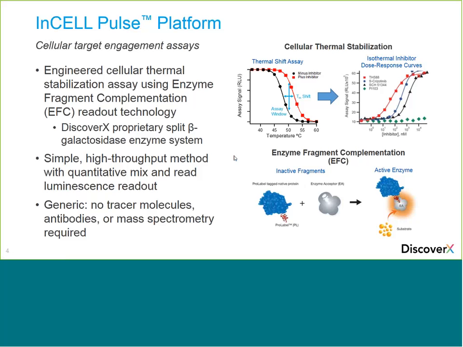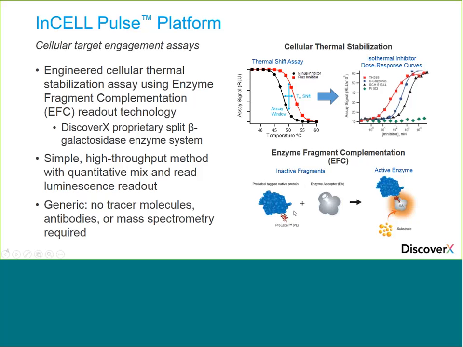So you could take beta-gal and break it into two pieces. One very small piece, a 40 amino acid peptide called ProLabel, and then a very big piece called the enzyme acceptor. In and of themselves, these fragments have no enzyme activity, and with the appropriate substrates will not give a chemiluminescent signal. However, when they're combined, they complement and give signal.